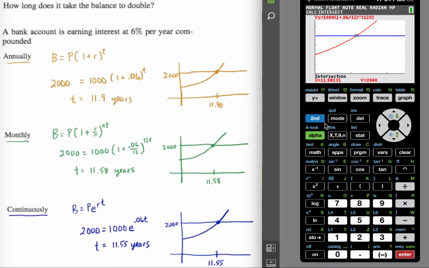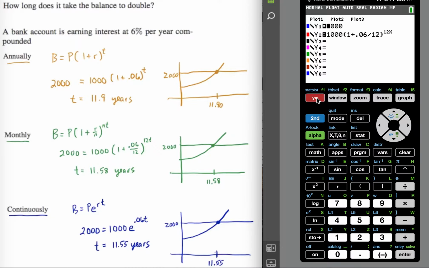So if it's compounded continuously, let's go back and change our function on the right-hand side. So this will be 1,000. And now it's e raised to the RT, so I'll say second and ln for e to the x. Now I'll just raise it to the RT. The rate is 0.06.